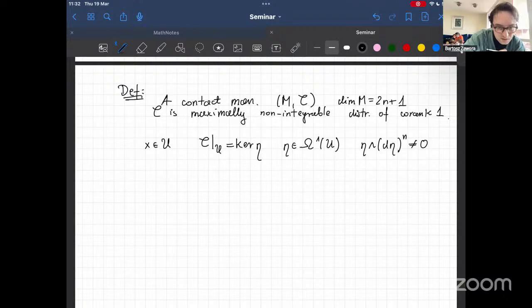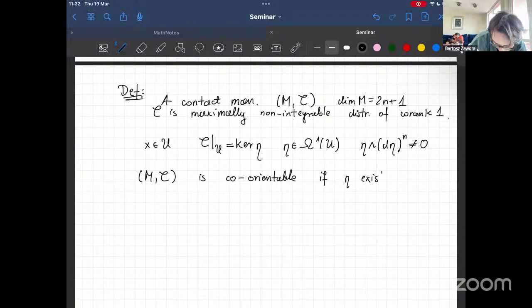So it's a volume form on U, and then we say that eta is a local contact form. So we say that (M, C) is a cooriented or coorientable contact manifold if eta exists globally on the whole manifold M, and then if (M, C) is coorientable, we write just (M, eta).